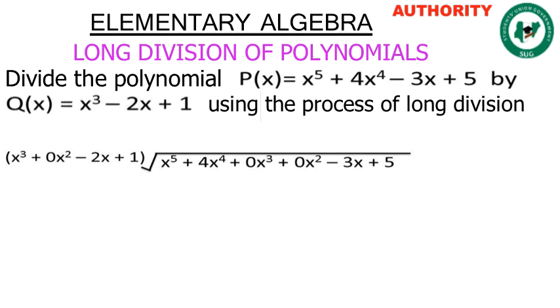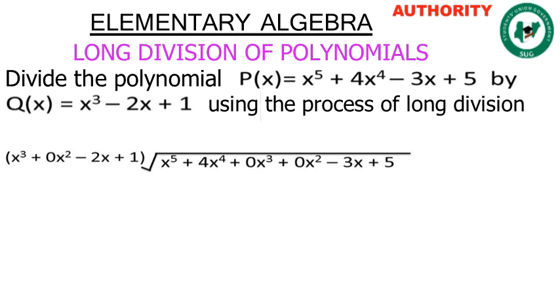We are writing this in order not to get confused. So now let's arrange it properly, our dividend and then our divisor. In the position of our divisor, we are going to have x cubed plus 0x squared minus 2x plus 1. I told you that x squared is missing, so we write it like this: 0x squared.